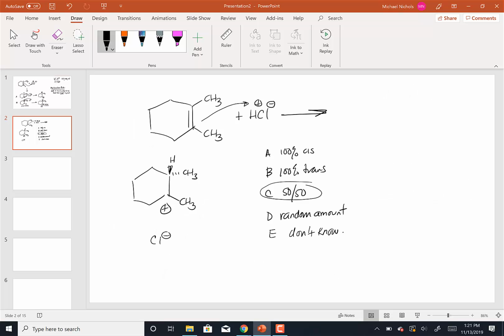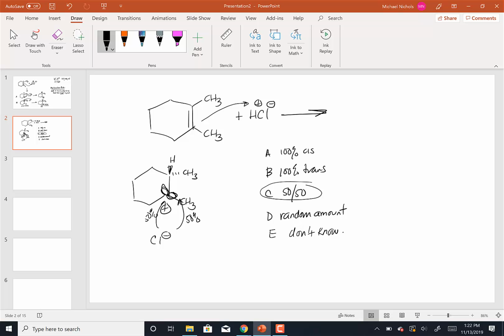So when we look at this, we say, well, the chloride's going to add to the carbocation. What did we learn in SN1? It would add 50-50. So it would add 50% from above the plane and 50% from below the plane. Why? Because the empty p orbital of that carbocation is both pointing towards you in front of the screen and pointing away from you behind the screen, the way I've drawn it.